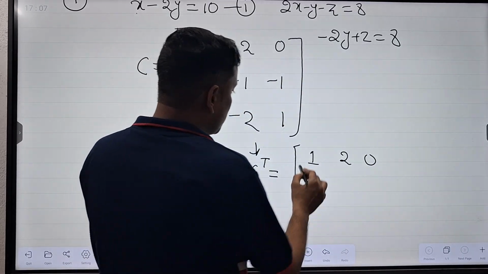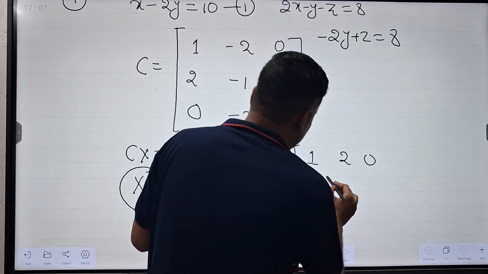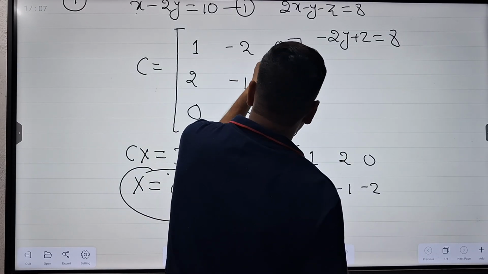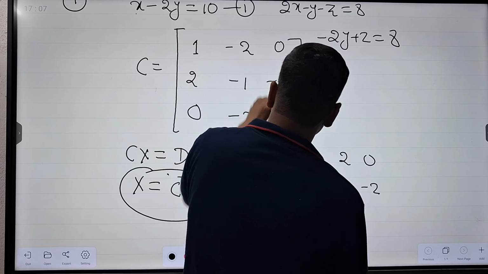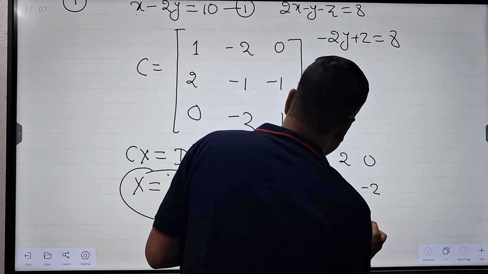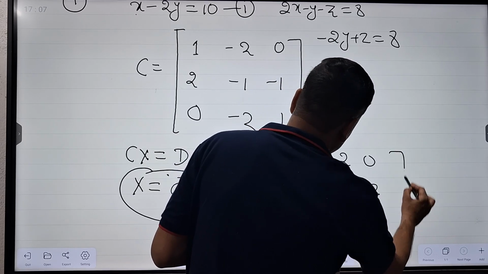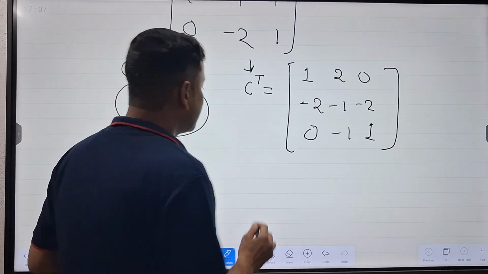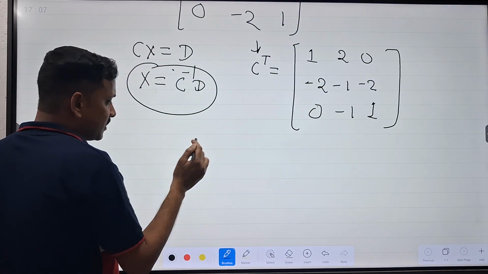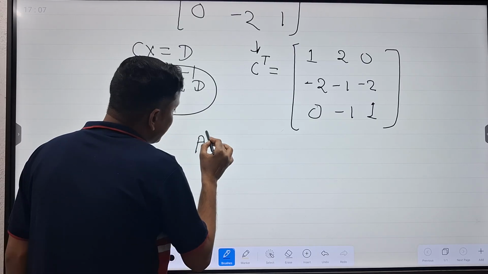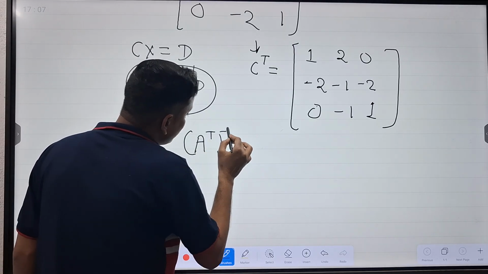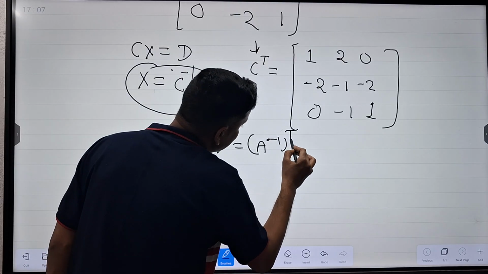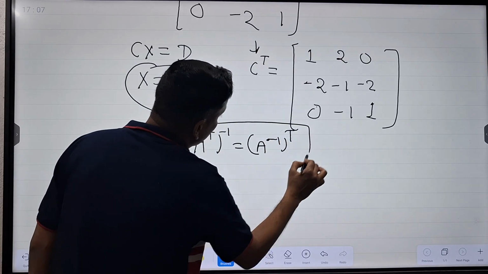So 1 2 0, minus 2 minus 1 minus 2, and 0 minus 1 and 1. This is CT, the transpose of the matrix. And one most important rule is that if you transpose any matrix and then find the inverse, or find the inverse and then the transpose, both are the same.